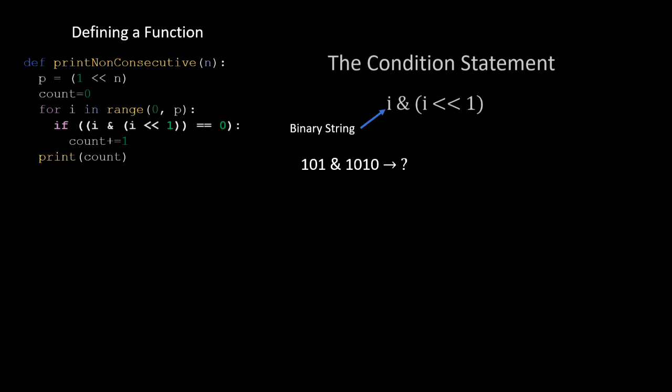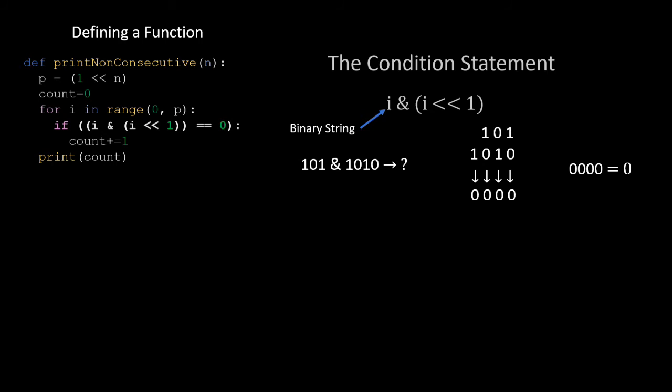A binary string, that's 101. Left shift of that binary string becomes 1010. And the bitwise AND operator of these two becomes 0 0 0 0. So in decimals it becomes 0, so it is equal to 0.